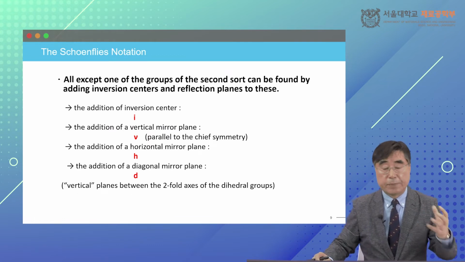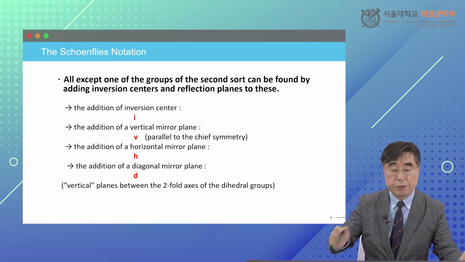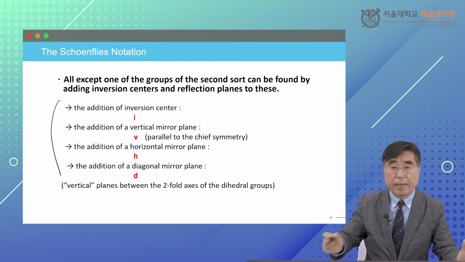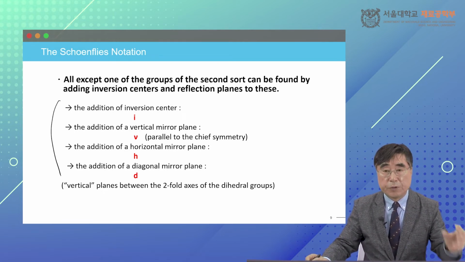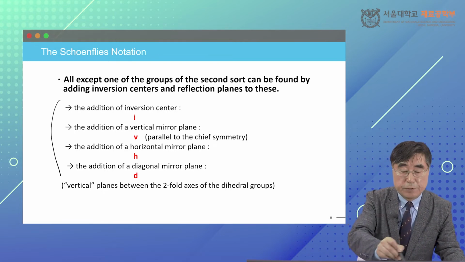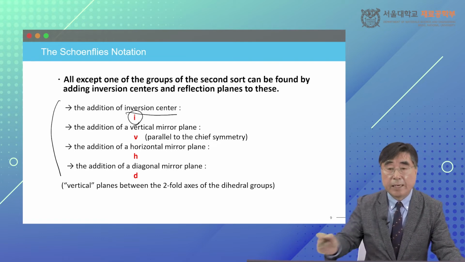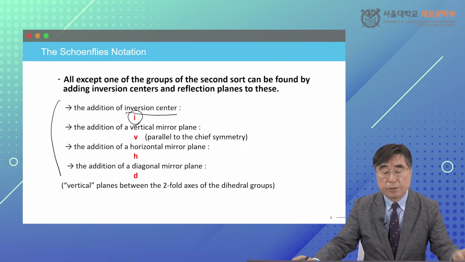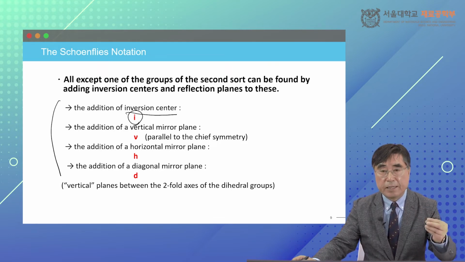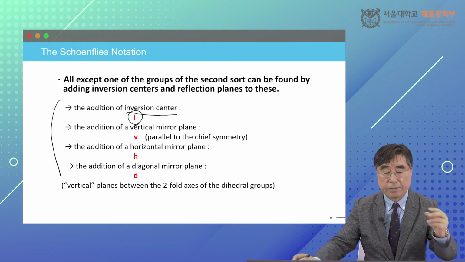Now, with this basis, the Schoenflies notation has other elements in there. With these basic elements, he put the inversion center, which he notated as I. So when there is an I, it means that this point group symmetry has an inversion center.